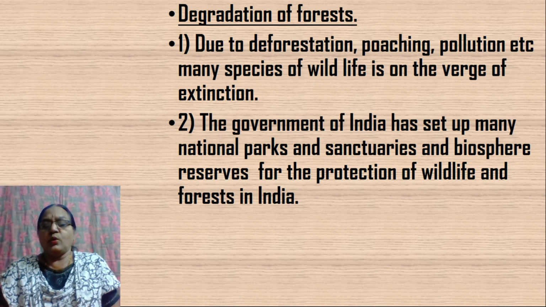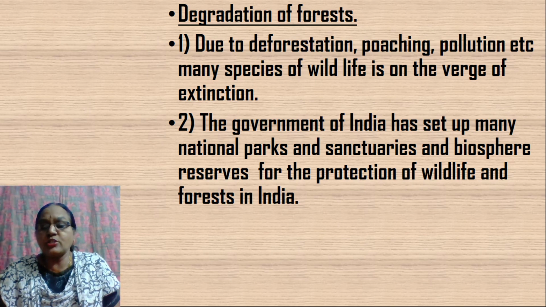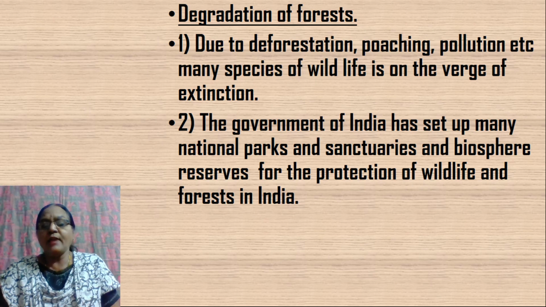So we have set up many national parks and sanctuaries for preservation as well as protection of our wildlife and forests in India. Because of these preventive measures, there has been a remarkable increase in these animals in India.